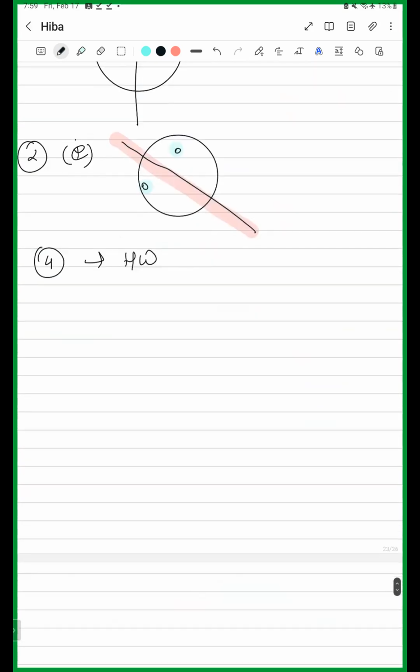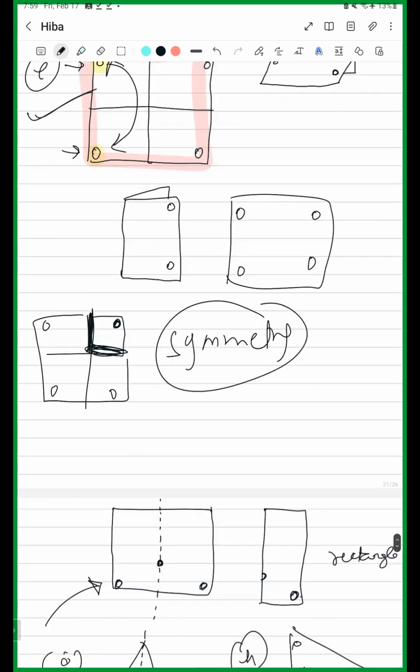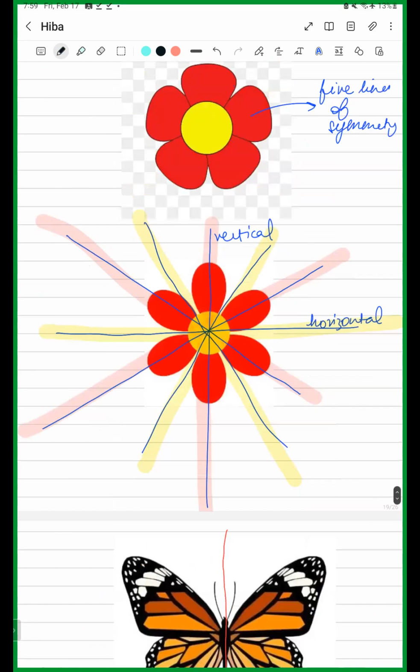You have to draw the lines the same way that we drew the lines over here.